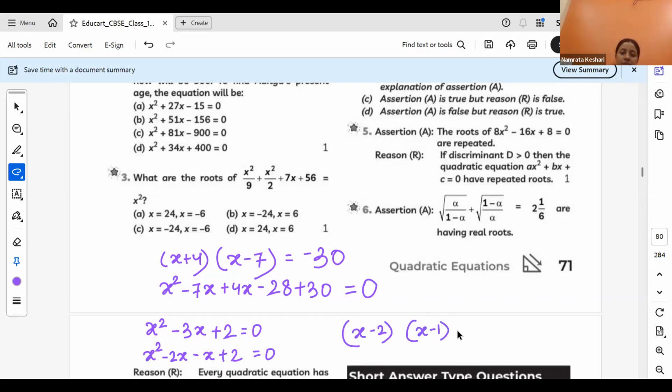Everyone getting the same? Is it clear how to deal with this scenario, this type of question? Yes, ma'am.